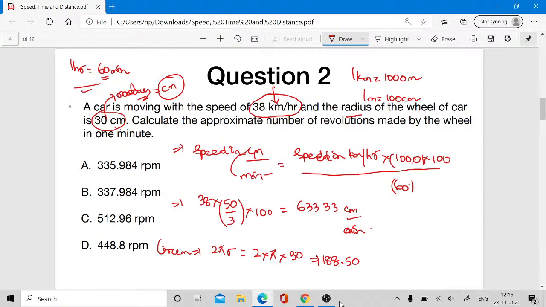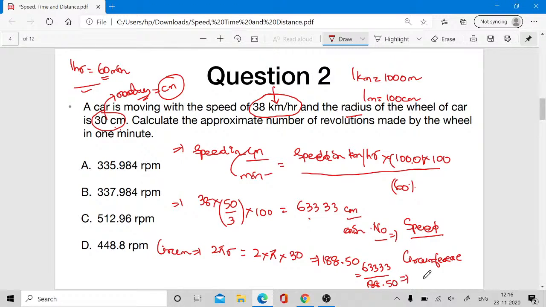Now you have already come to the last step here, which is the number of revolutions. Divide these both, right? It is speed divided by circumference. So this will be 633 divided by 188.50.